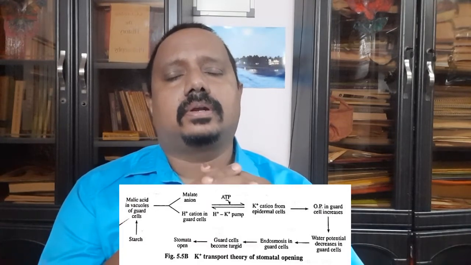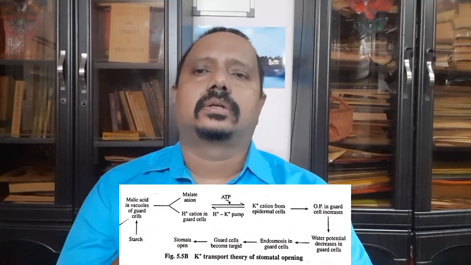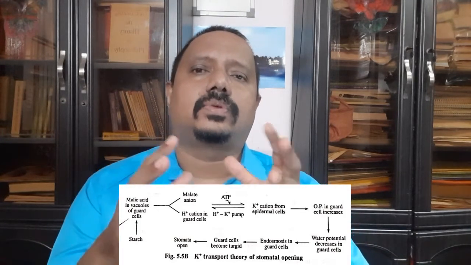Increasing potassium level decreases the water potential so that an influx of water takes place, and the guard cells become turgid. The positive charges are balanced by the malate ion, or an influx of chloride ion also takes place, and this H+ K+ exchange is an active process.